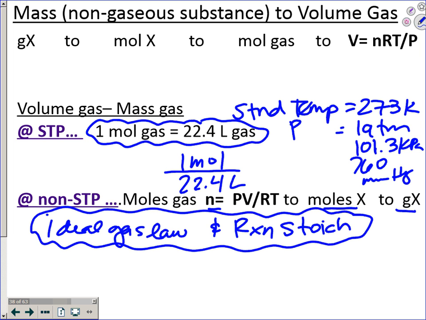We have to find a way to do that, right? I know I can't do anything with grams, so I'm probably going to have to convert to moles first. From grams to moles, you're saying use what? PTOE molar mass, okay? And then I know that I'm going to have to eventually plug this into the ideal gas law. So can I plug a solid sodium carbonate into the gas law?